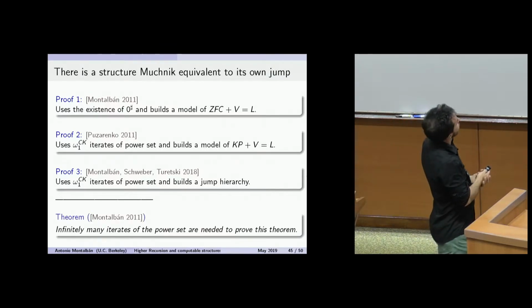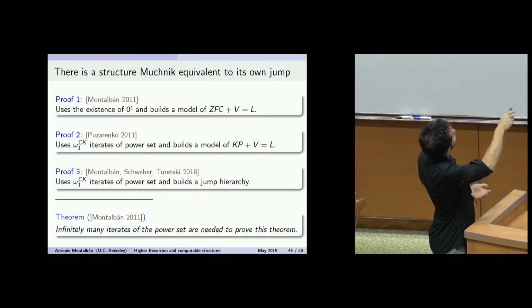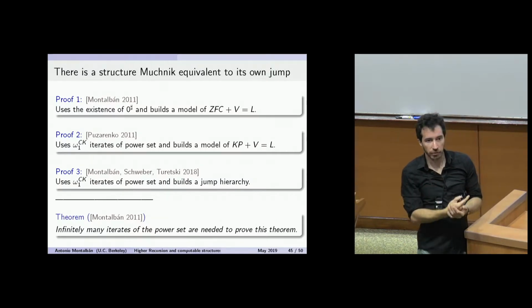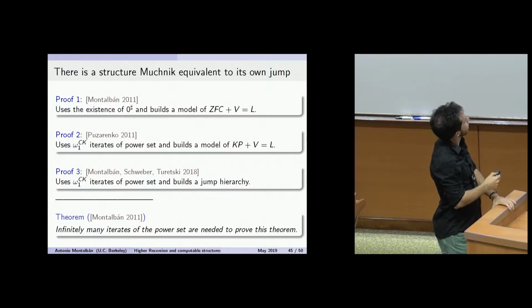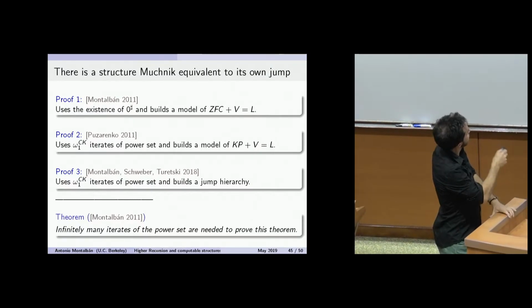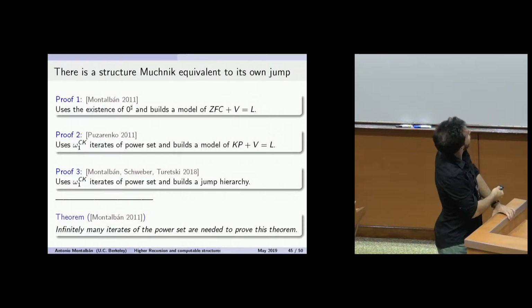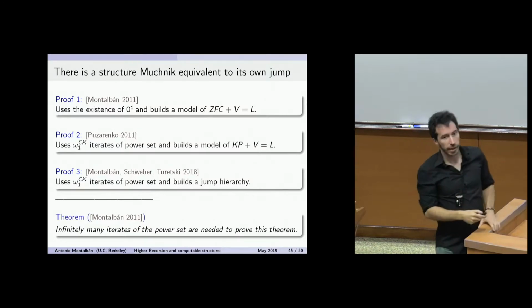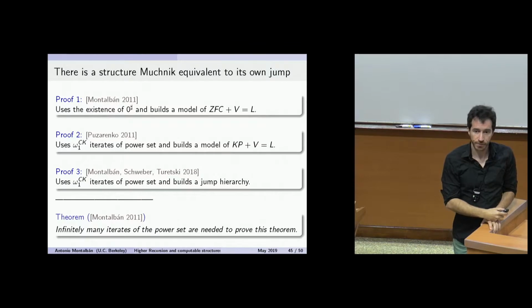Okay? So those are the proofs, and then a separate result the other way around, that maybe if you have time, I'll tell you a bit of the proof, is that you need at least infinitely many iterations of the power set axiom to prove that there is a structure equivalent to its own jump.